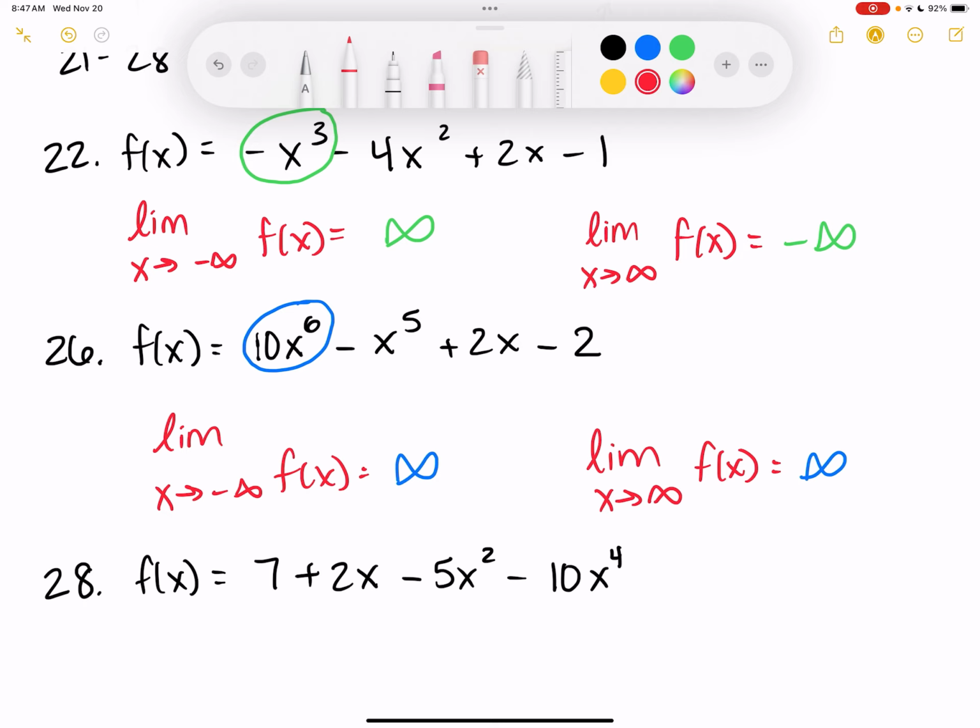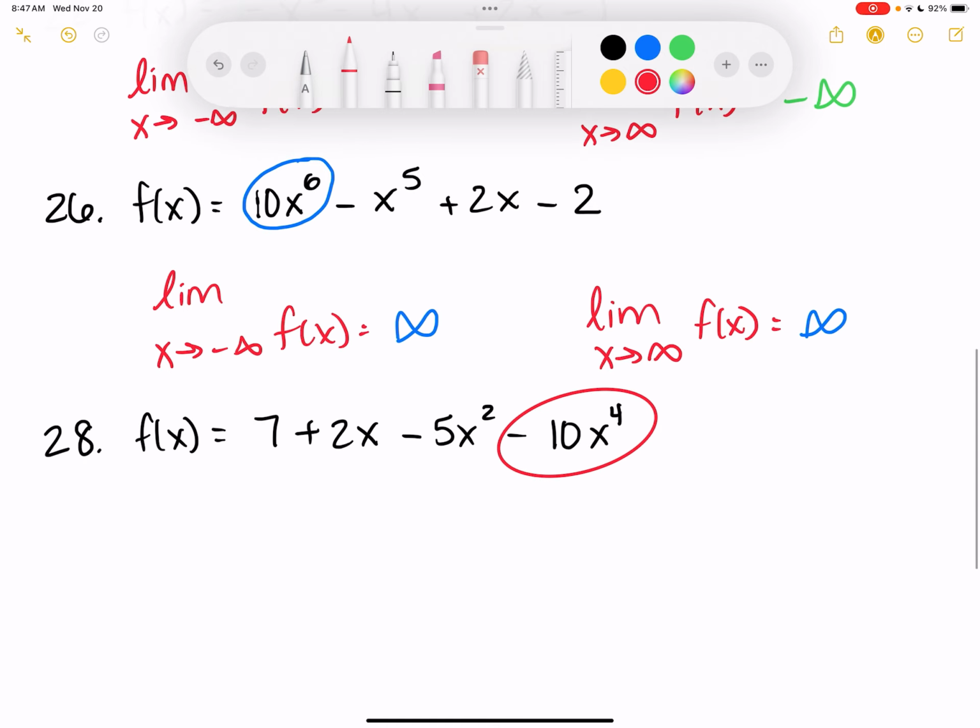Okay, it doesn't say I have to write it in standard form, but what does that mean when I go to find the limits? Which term am I looking at? Yep, so the negative 10x to the 4th. So I just have to pay attention to that one instead now.